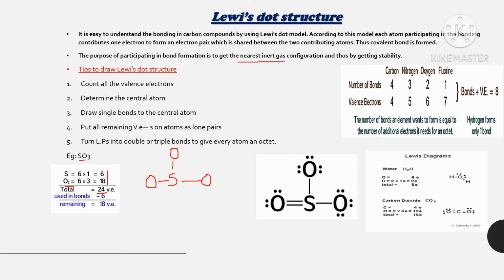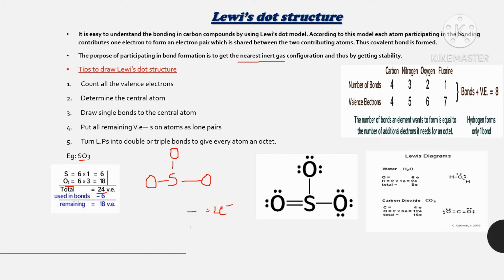Then put all remaining valency electrons on atoms as lone pairs. Sulfur has 6 valency electrons. One bond is formed by 2 electrons, so if it is a single bond, there are 2 electrons in the single bond.